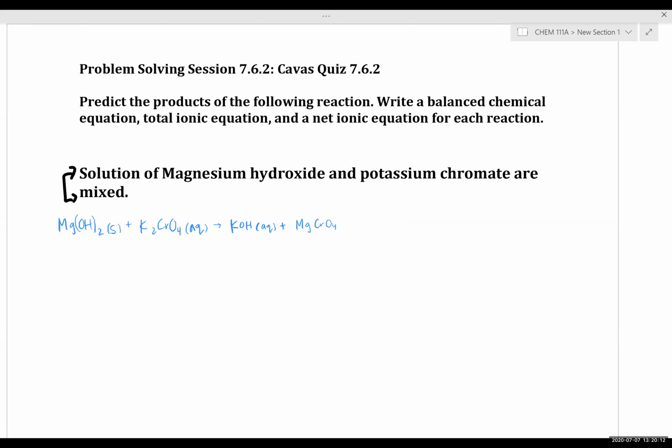Now it's just a job of figuring out the state symbols and trying to balance this equation. And I would look over the solubility rules for chromates found in our notes. Think of chromate a lot like sulfate or carbonate.